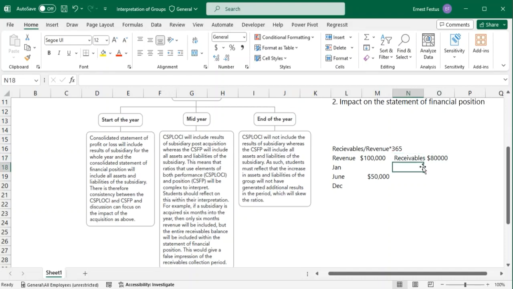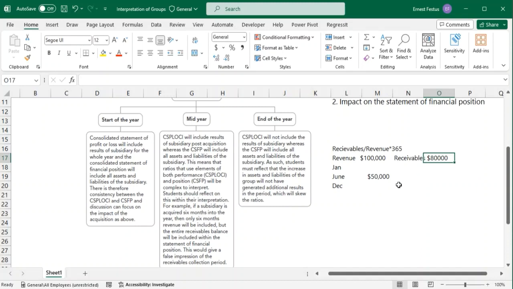Let's say that at the end of the year, what we are saying is that the dollar amount of revenue will be halved. That is because the subsidiary was acquired mid-year, so it will be halved, and that will be 50,000. So we are going to be using a half-year figure against a full-year receivables figure in the consolidated statement of financial position. So there is inconsistency.